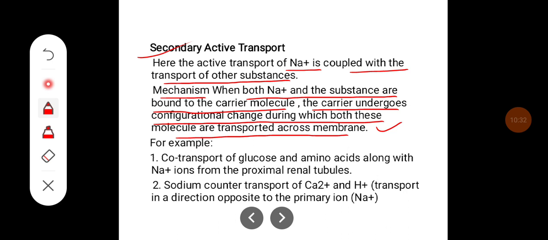For example, the co-transport of glucose and amino acids along with sodium from the proximal renal tubules. Another example is sodium countertransport of calcium and H plus ion, where the transport is in a direction opposite to the primary ion, that is sodium.